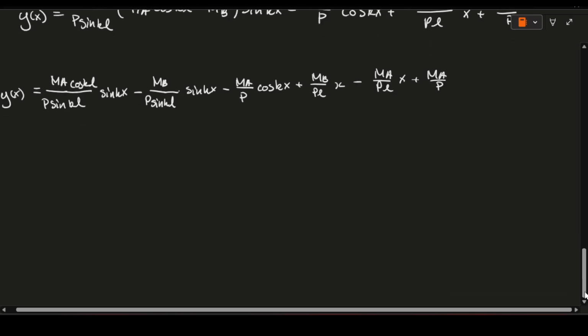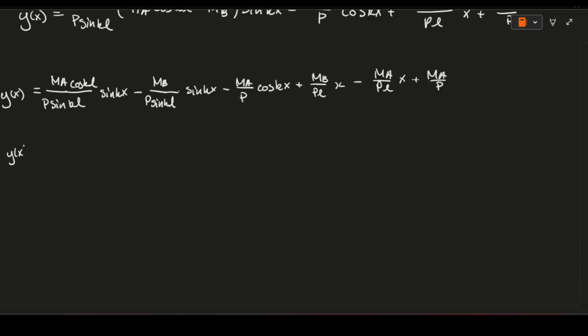Now we can factor out MA over P for those terms that have that one, and we can factor out MB over P for the terms that include those.